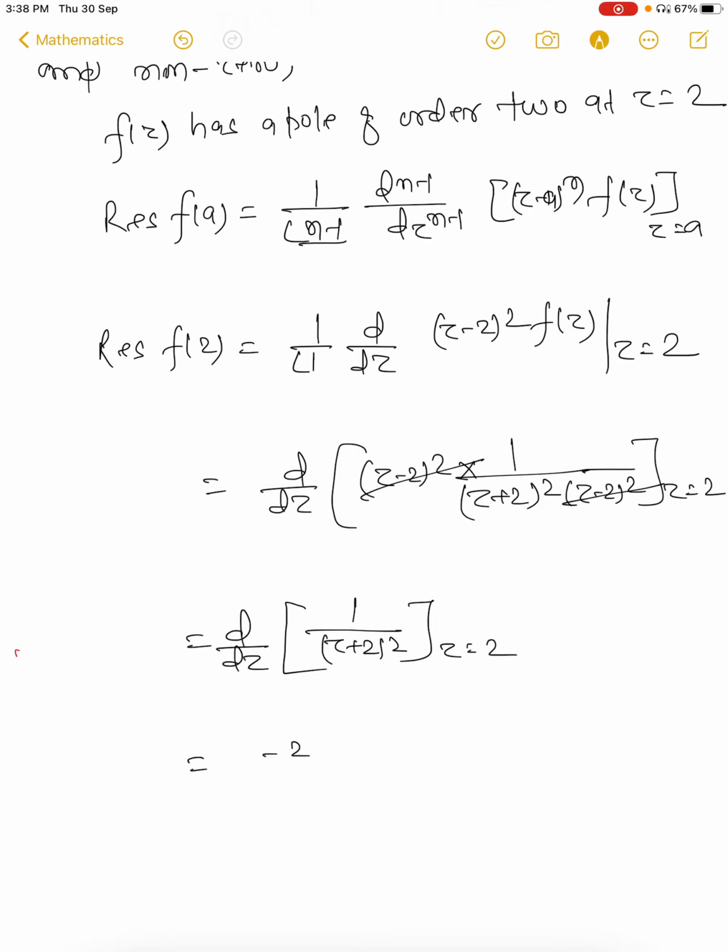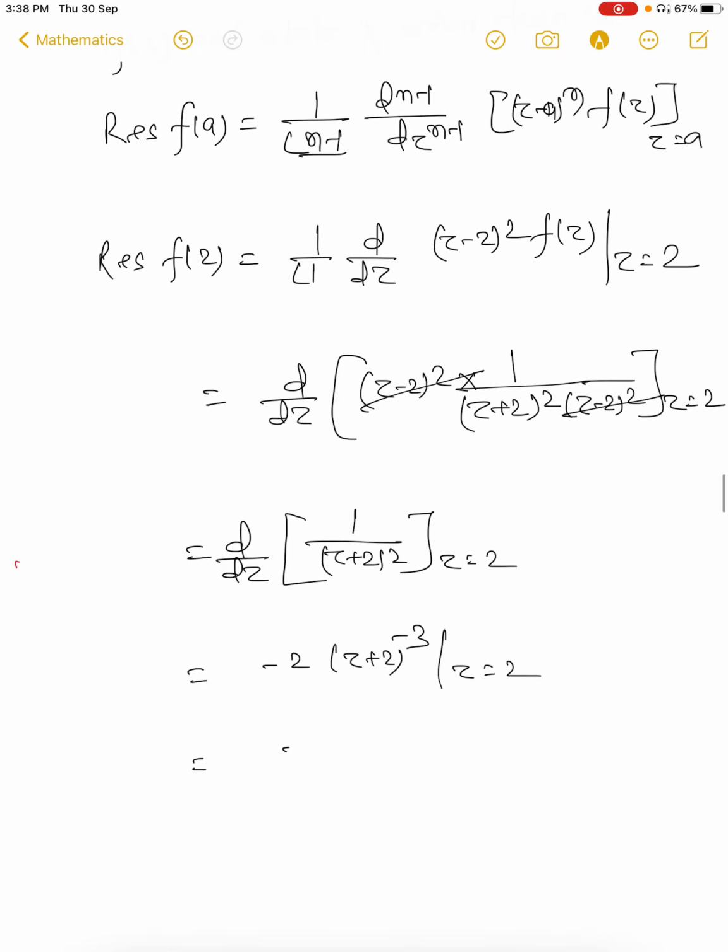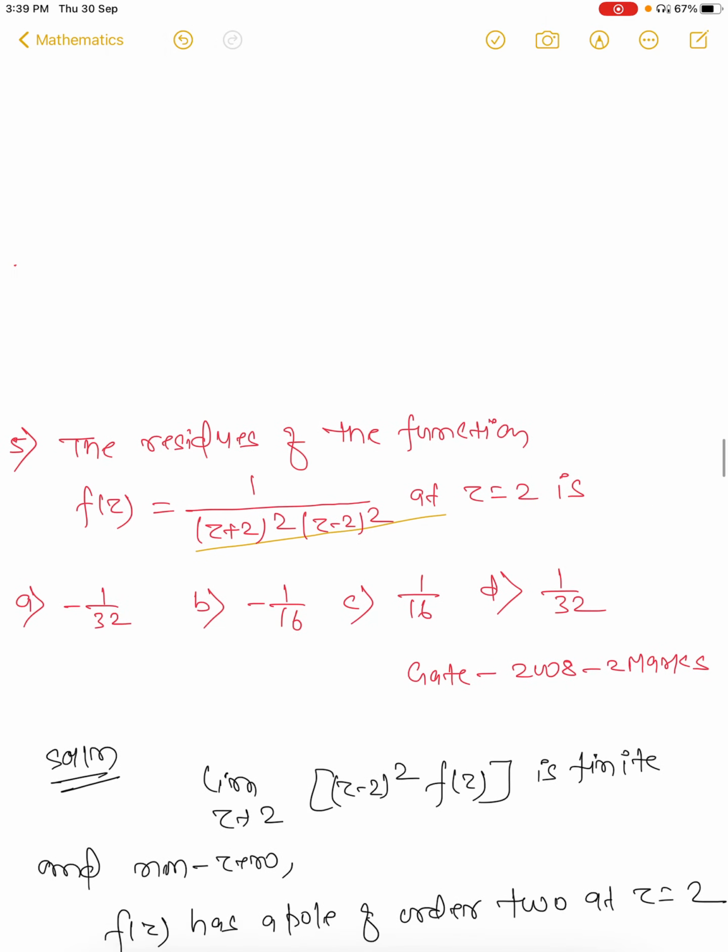So here it will be minus 2 over (z plus 2) cubed. So at z equal to 2, it will be minus 2 over (2 plus 2) whole cubed, that is minus 1 by 32. This is the right answer. So minus 1 by 32, right answer option A.